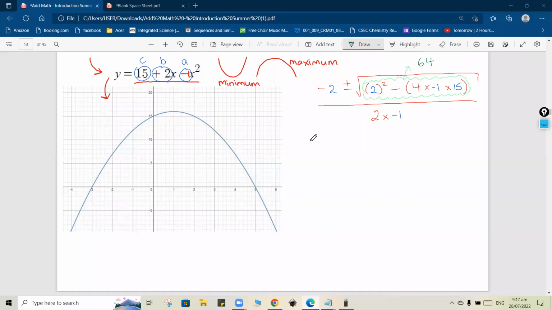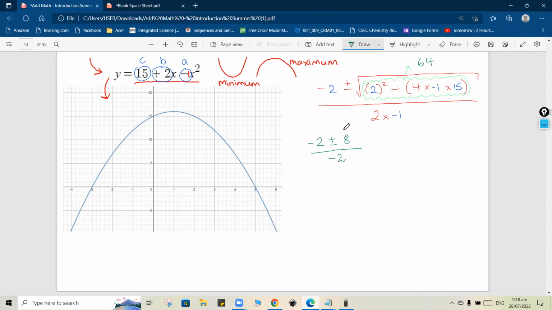So this is what we end up with. Minus 2 plus or minus, well, the square root of 64 is 8. And we are dividing by, and this is where few people made the mistake, minus 2, because the underneath here is minus 1. So minus 2 by 2 is minus 2.